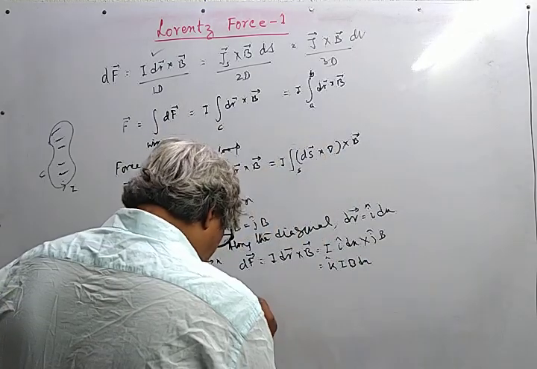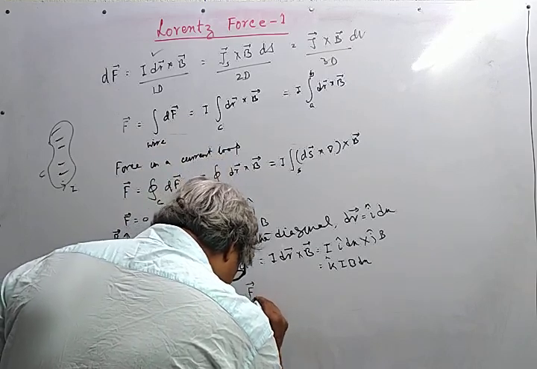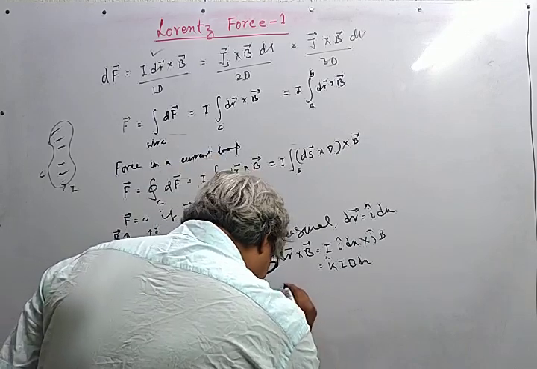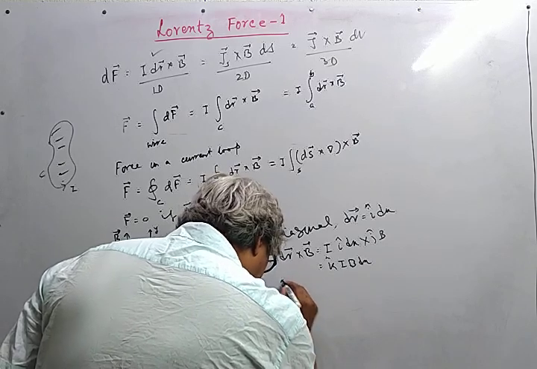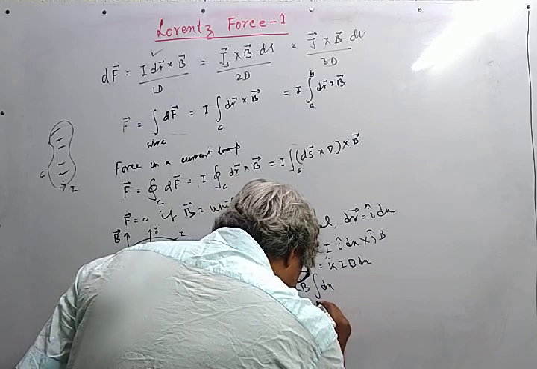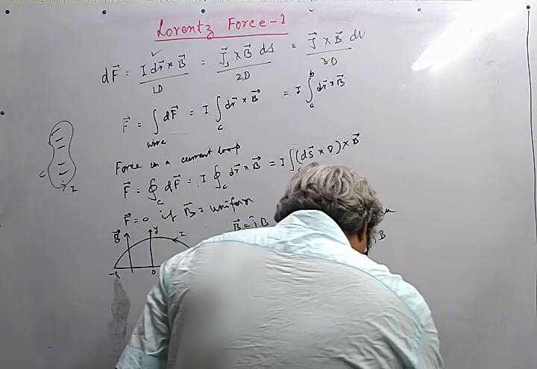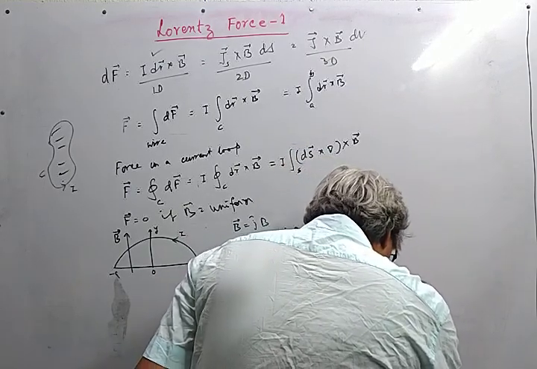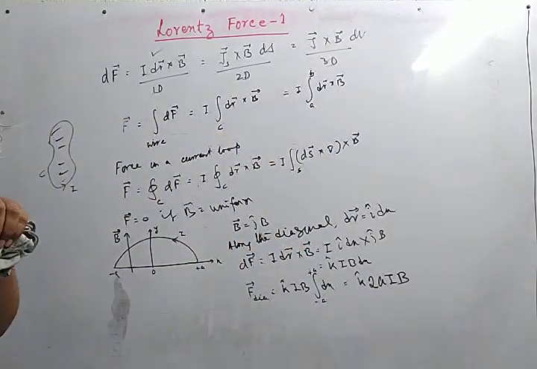So the force on the diagonal is obtained by integrating k cap I B dx from minus a to plus a. This is k cap twice a I B. This is the force on the diagonal.